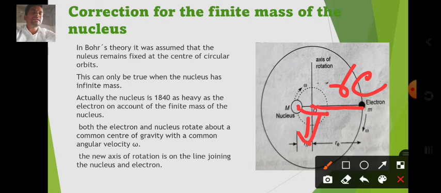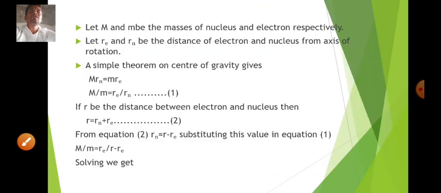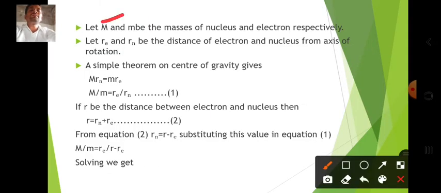But actually one more distance is there: the distance between nucleus and electron, denoted by R. Let capital M and small m be the masses of the nucleus and electron respectively. The nucleus is heavier than the electron, so its letter is the bigger letter.